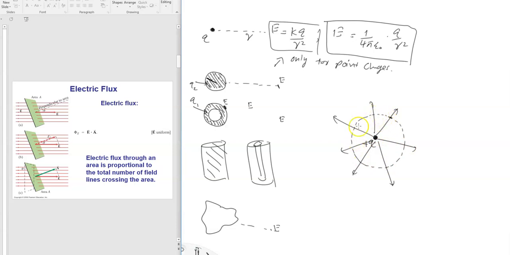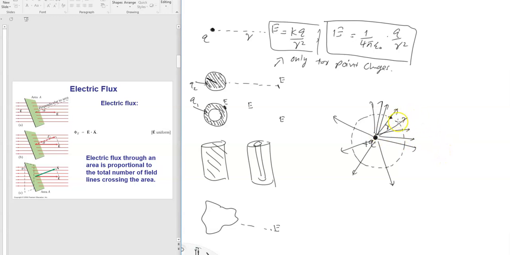I draw a sphere around the charge. I want to find the electric field at a distance r at this point, so I take this distance as the radius. I'm drawing this dotted line, and I enclose this charge inside that sphere. So the electric field comes out from this sphere, at any point. We can draw thousands of lines.